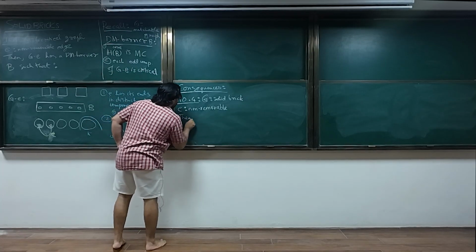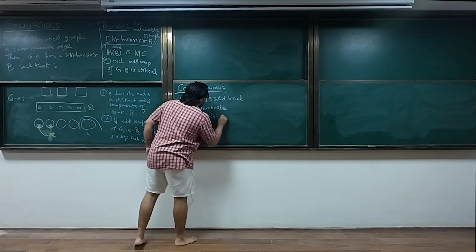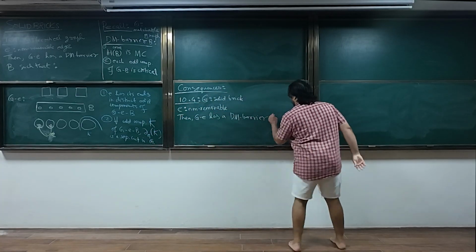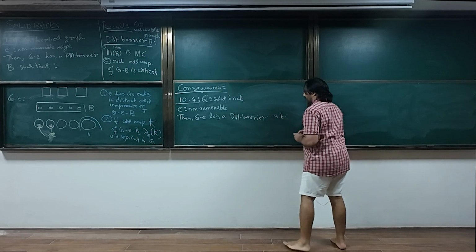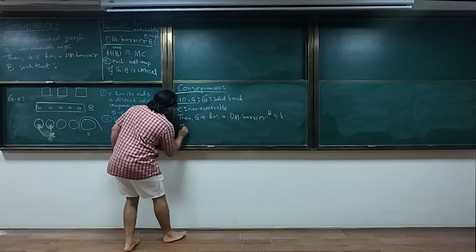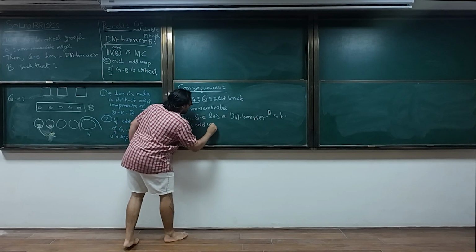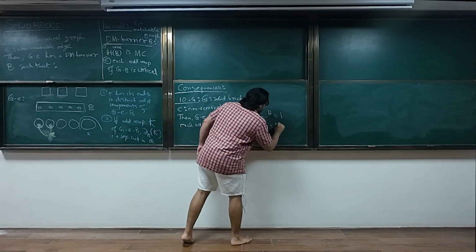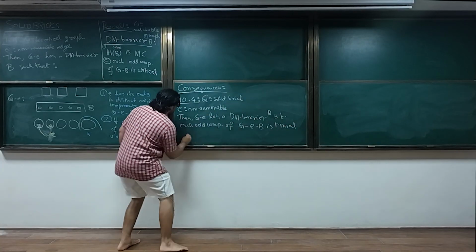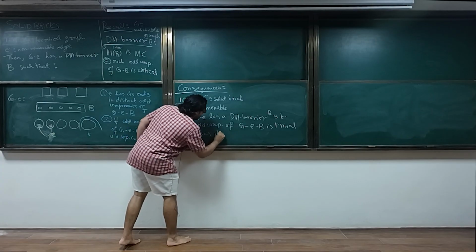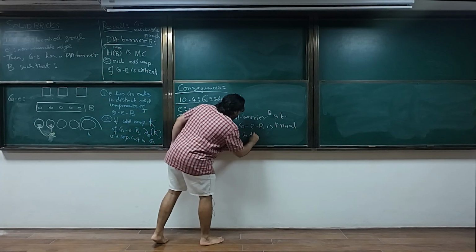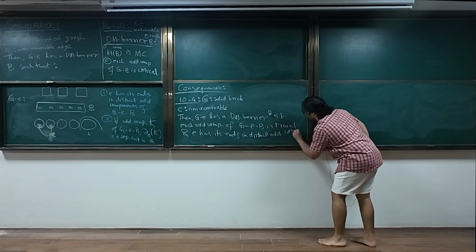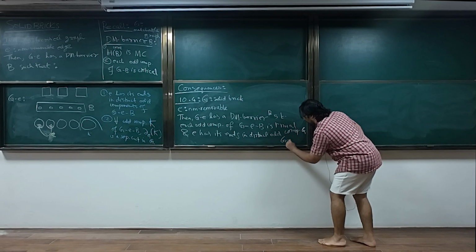Then G minus E has a Dulmage-Mendelssohn barrier B such that each odd component of G minus E minus B is trivial, and E has its ends in distinct odd components of G minus E minus B.